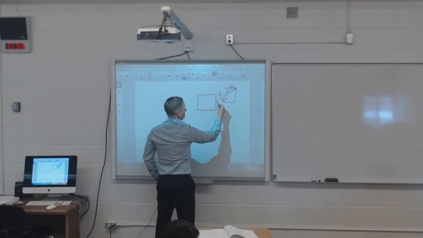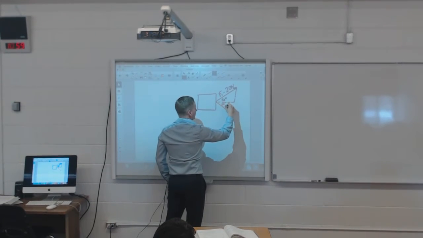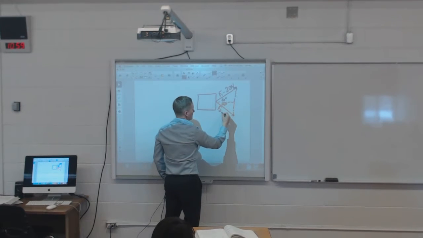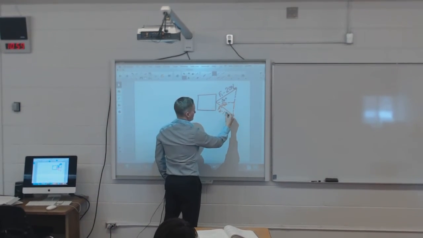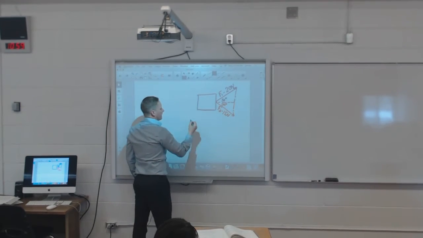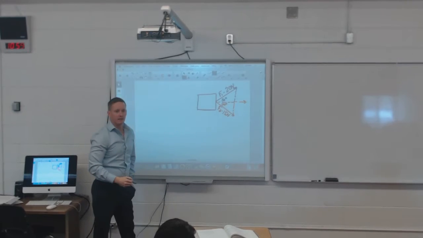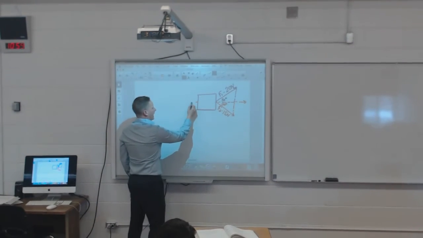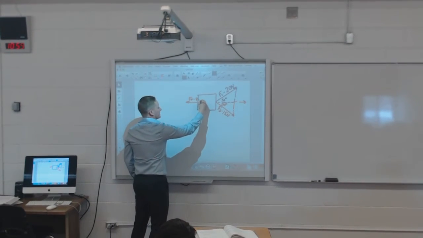The second girl is pulling this way. The angle is 20 degrees, and her force is 15 newtons. Now, we intend on going in that direction, and the force of friction is working against us with 8 newtons.